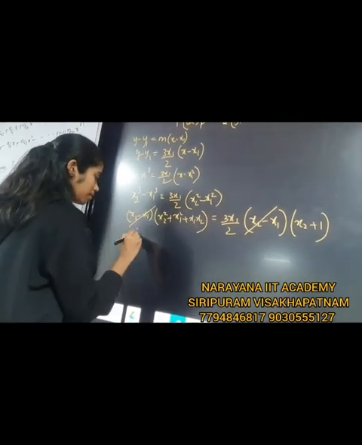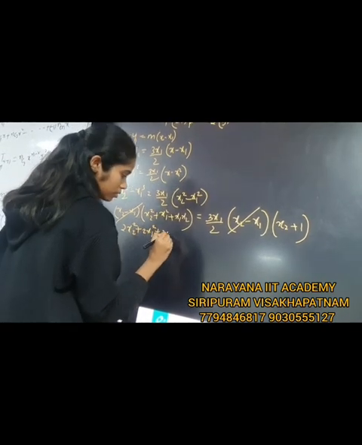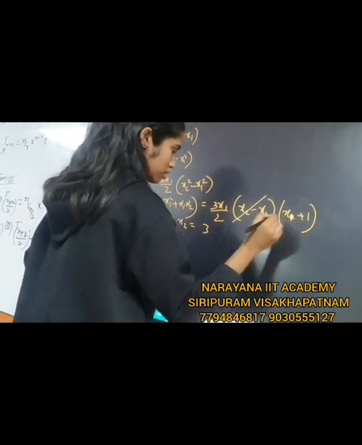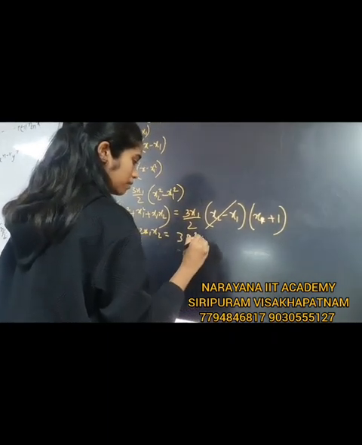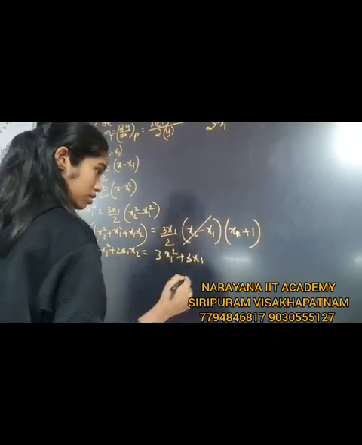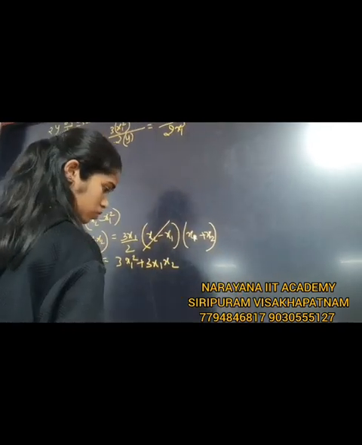Then when we cross multiply, 2x2 square plus 2x1 square plus 2x1 x2 equals 3x1 square plus 3x1 x2.